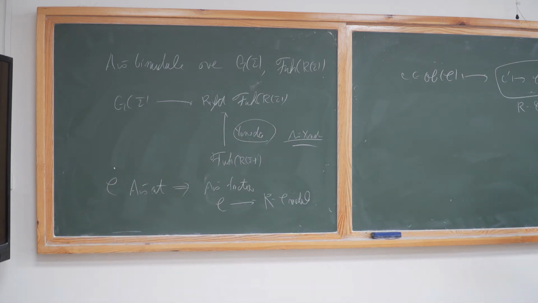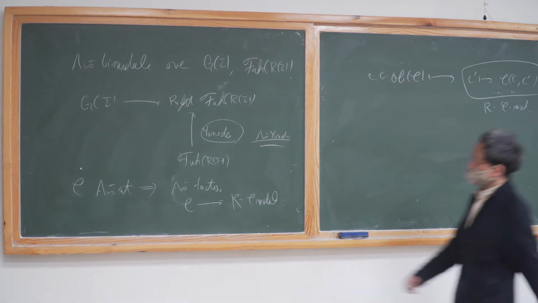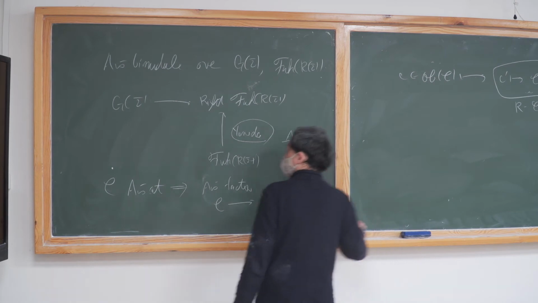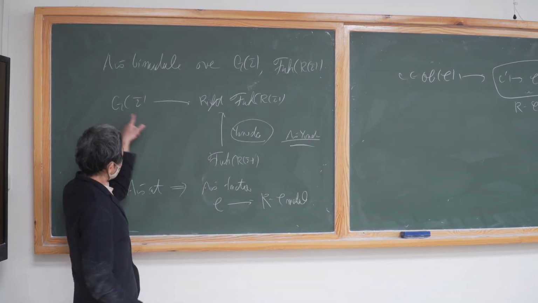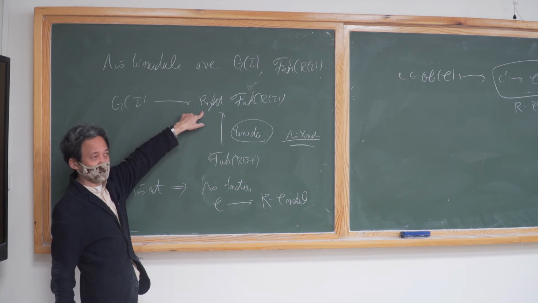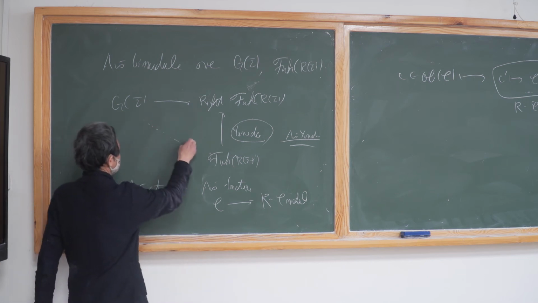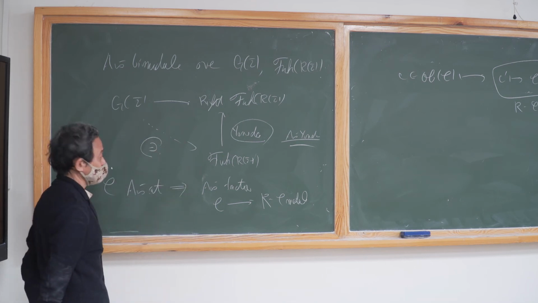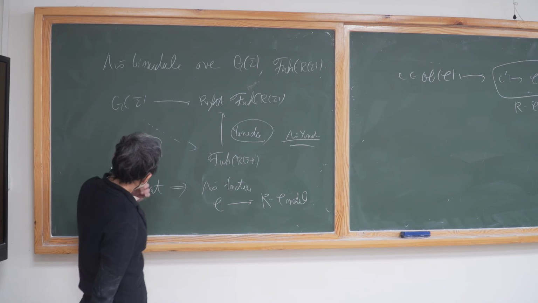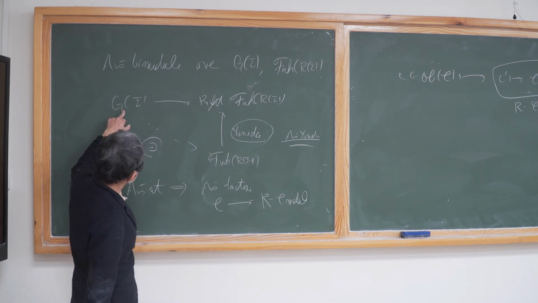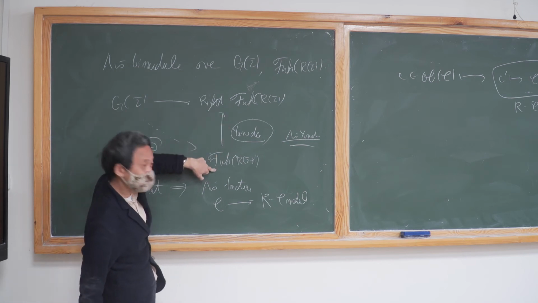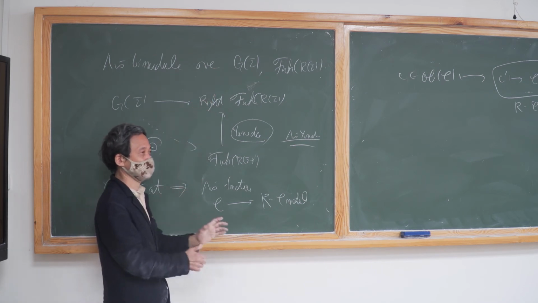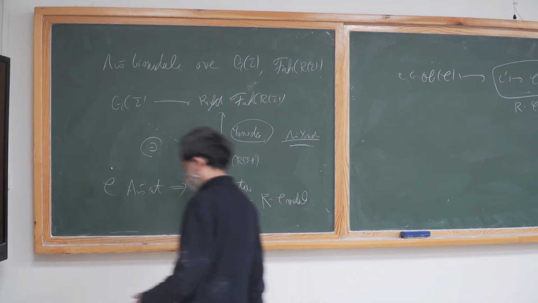Then the second step is the following. You want to construct a functor from here to here. Then we have this guy using bimodules. So you want to prove that there exists this functor. And to define it, because this is an embedding, you only need to show that for any object here, this image lies in the image of this functor. You don't need to say anything about the morphisms, just the objects. So these two steps are the ones I want to construct.